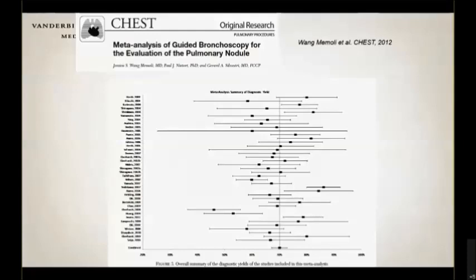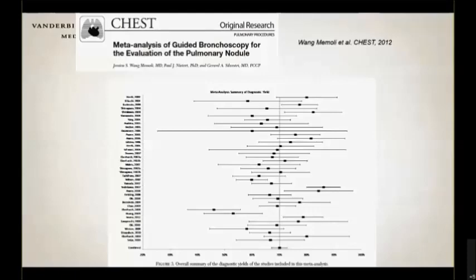Now, what's interesting is that you look at the confidence intervals here. It's pretty wide, and as you look at where the data is coming from, you realize that they're coming from very experienced centers with a lot of expertise. So that may not be generalizable to all comers.